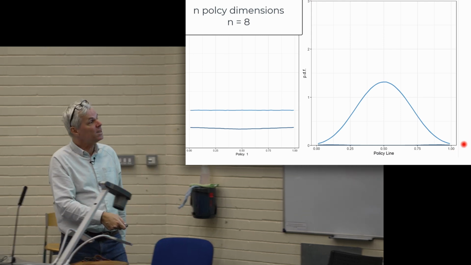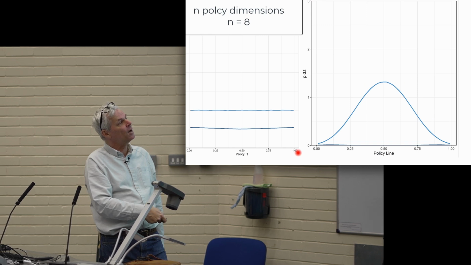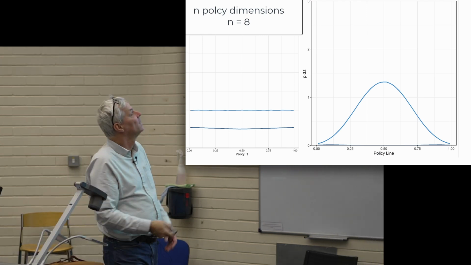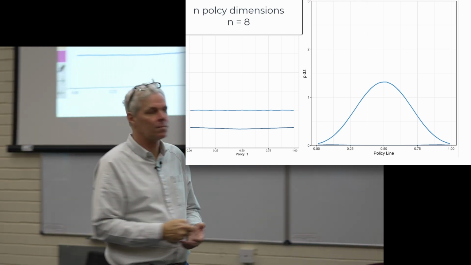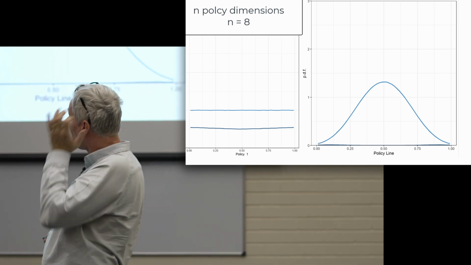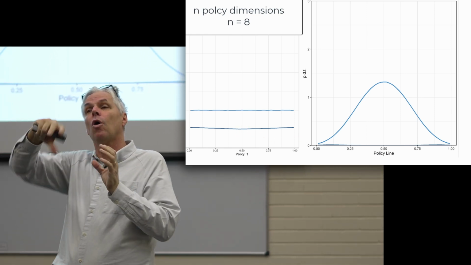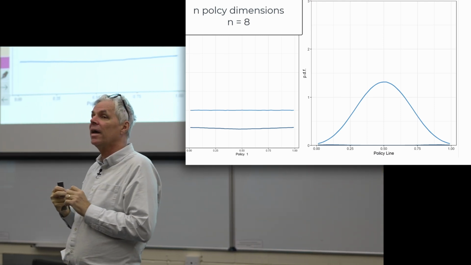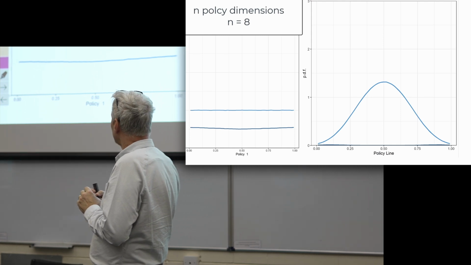Right? You'll notice that we get a law of large numbers thing going on, which is kind of cool. It starts out normally distributed or close to normally distributed. On any one policy, because there's a whole lot of policies, it is very unlikely that I don't have cognitive dissonance in anything.